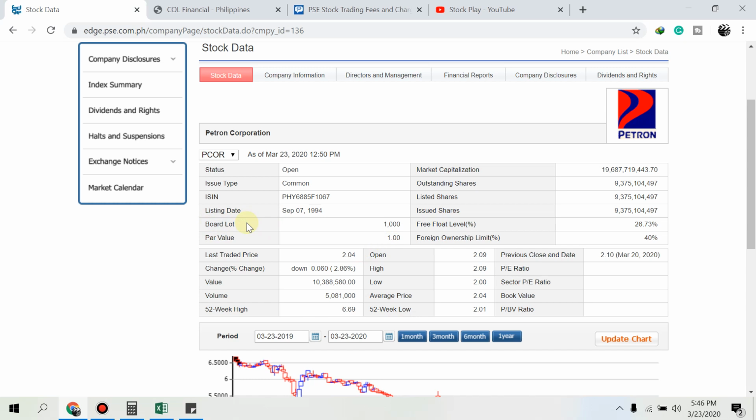Ibang term kay board lot is minimum share na pwede nating bilhin. So for example, hindi pwede to: gusto nating bumili ng 1,200 shares. Since ang kanyang board lot is 1,000, so meaning hindi tayo makakabili ng 1,200 shares. In short, bawal guys yung may gutal.